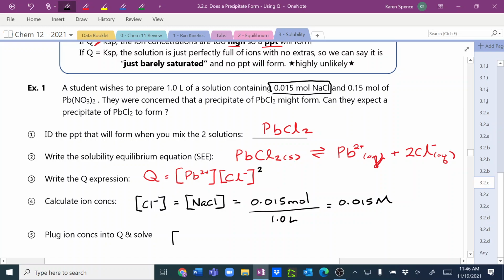I also want to find the concentration of lead, which is going to be the same as the concentration of lead nitrate, because there's one lead in lead nitrate. So that is 0.15 moles per 1.0 liters. So that is 0.15 molar.